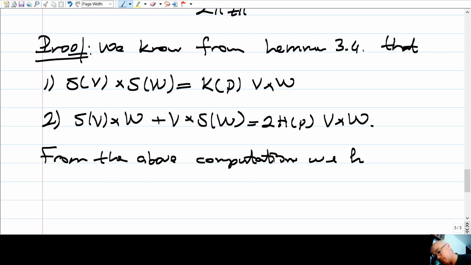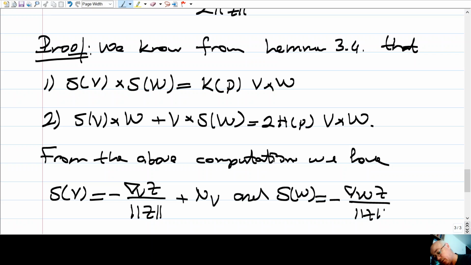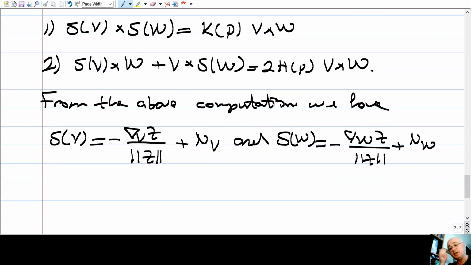And then from the above computations, we have what? The shape operator on V is just minus the covariant derivative of Z with respect to V divided by this, plus the normal part. And similarly, of course, this is just the same thing, the covariant derivative plus the normal part. All right. And then we do the following.